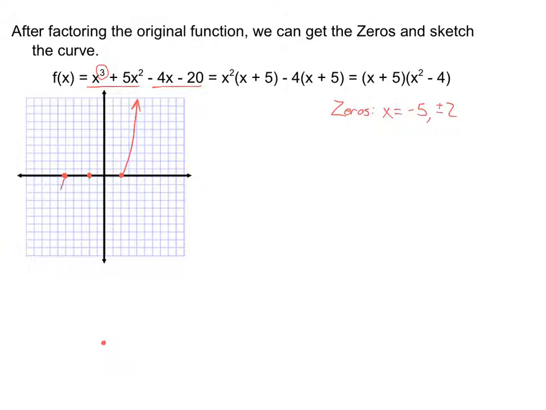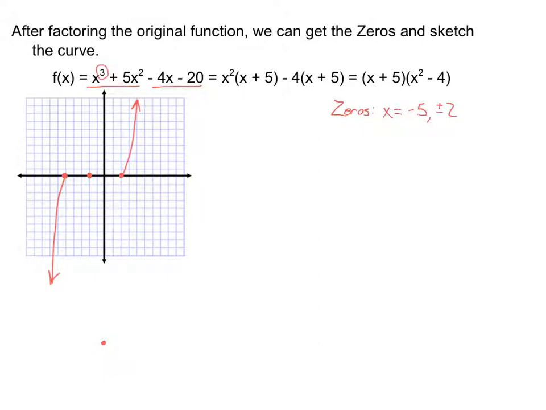So I know that this is going to go down to the left. Now, if I use my derivatives to find the intervals where it's increasing or decreasing and identify max or min or plateau points, I can fill in all the missing stuff. And we can actually get a really good sketch of what this function would look like.